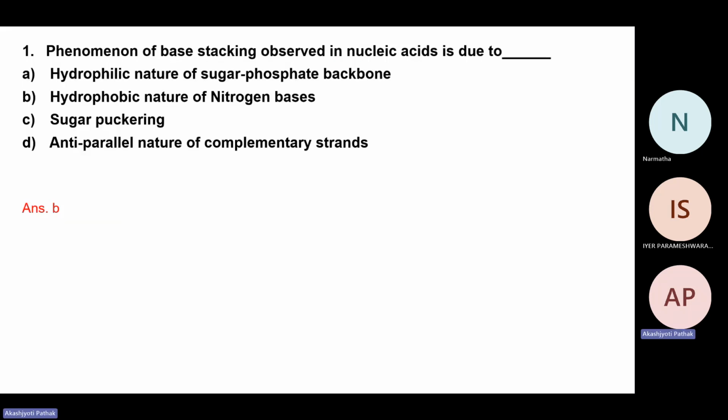Okay, so now you would have to answer this question: the phenomenon of base stacking observed in nucleic acid is due to? So why is base stacking observed in nucleic acid? As I was explaining, these nitrogenous bases are not polar structures.